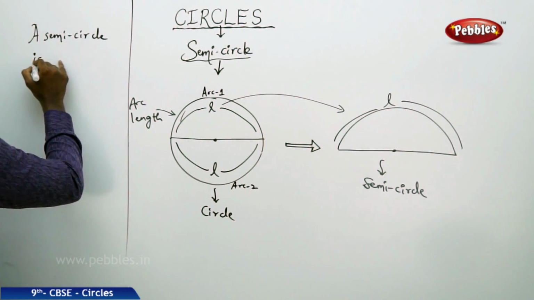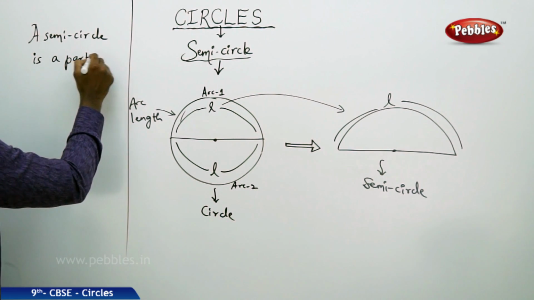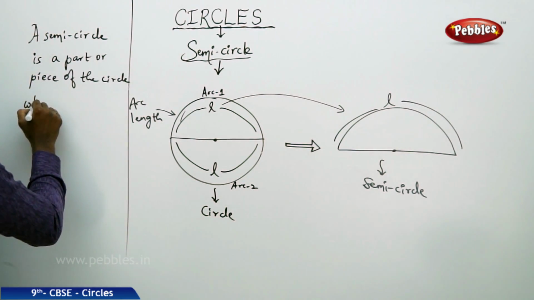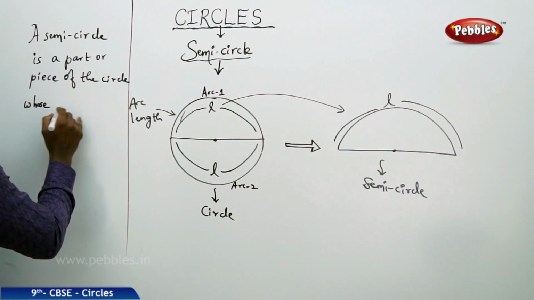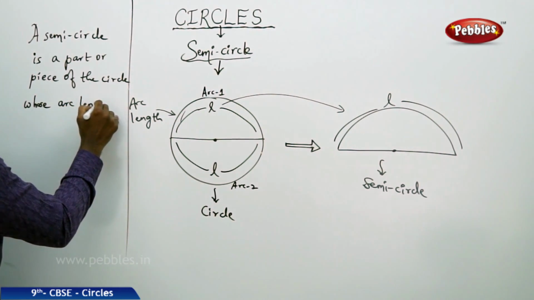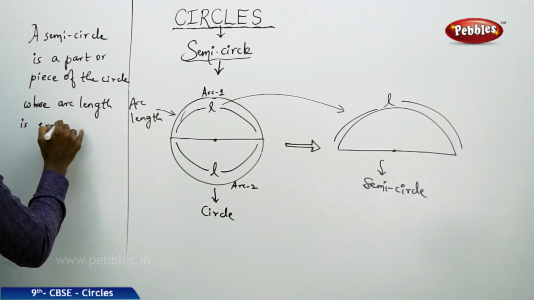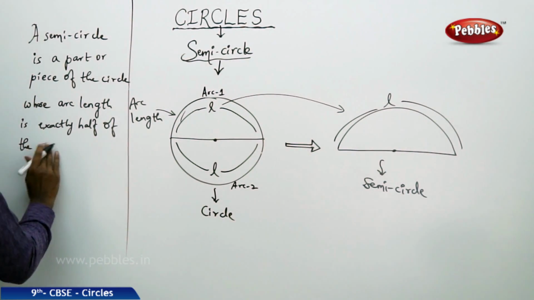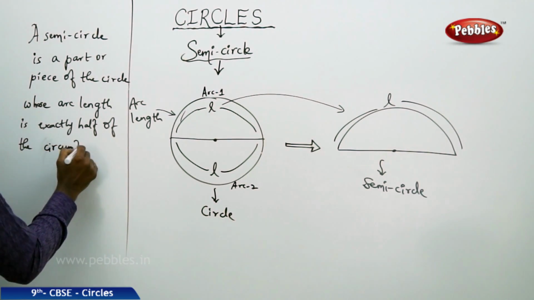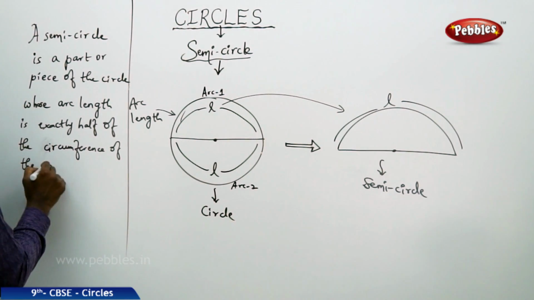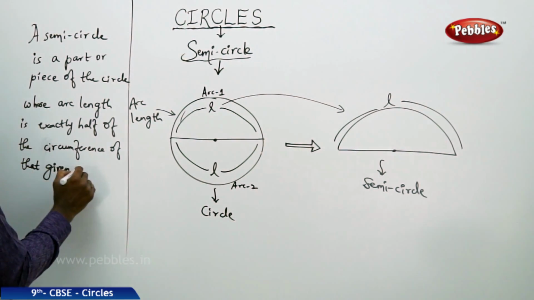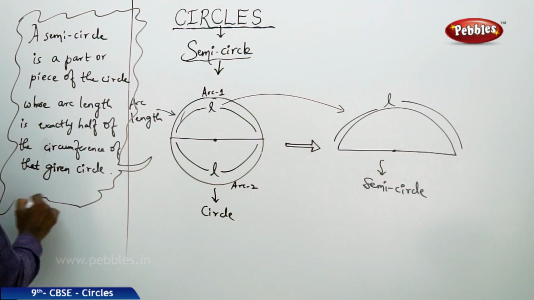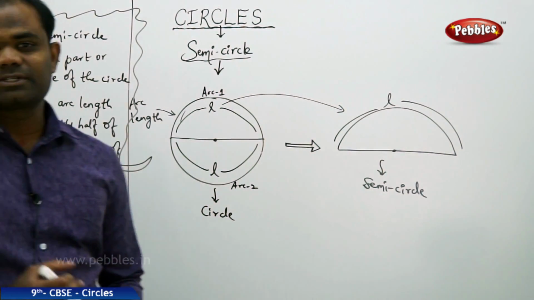A semicircle is a part or piece of the circle whose arc length is exactly half of the circumference of that given circle, is how we understand a semicircle.